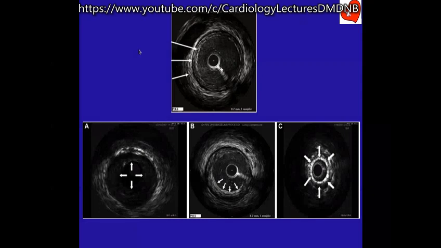Somebody wants to try it? First one is lipid plaque. Second one is fibroatheroma. Third one is calcification. Okay. So how lipid plaque?